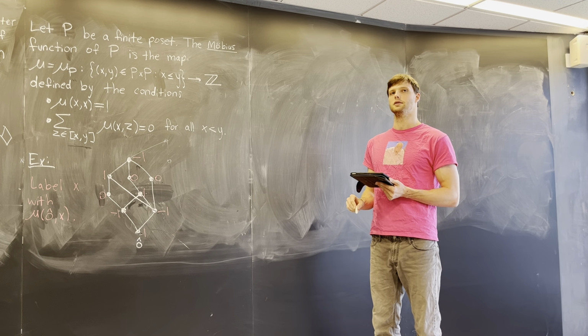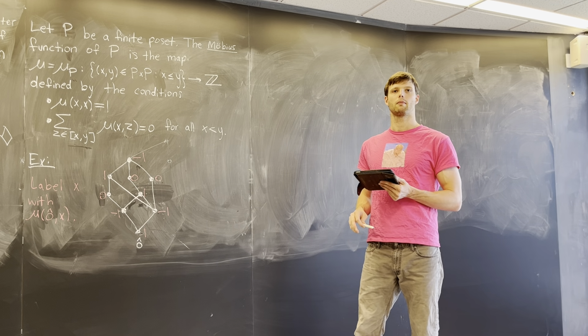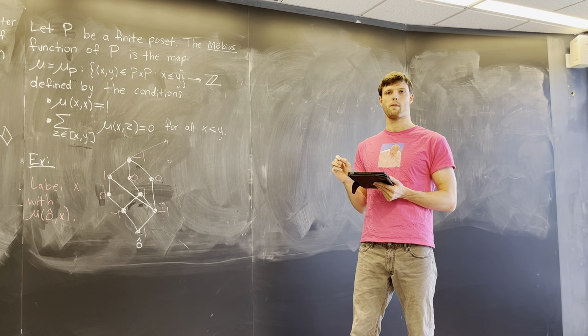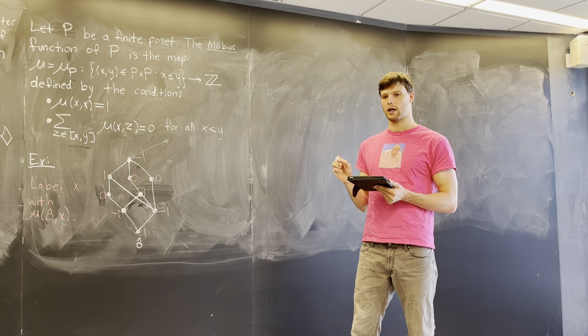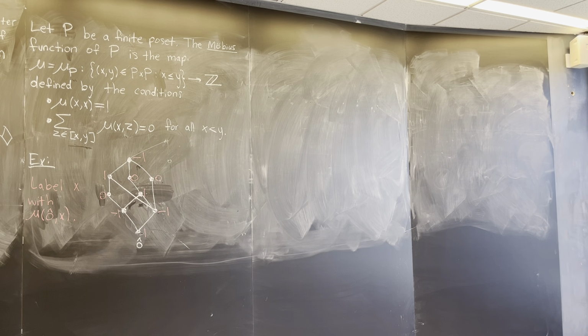So, if I want to calculate the interval between x and y, and x is less than y, or y is greater than or equal to x, then can I do mu of 0 comma y minus mu of 0 comma x? Well, the issue is that you might have other stuff, like your intervals might look like this.